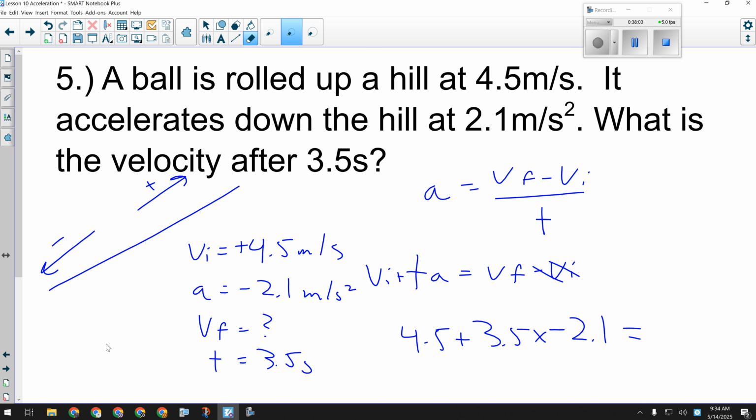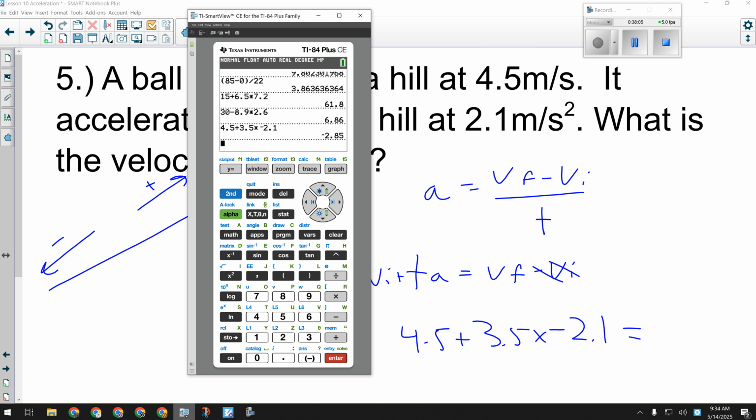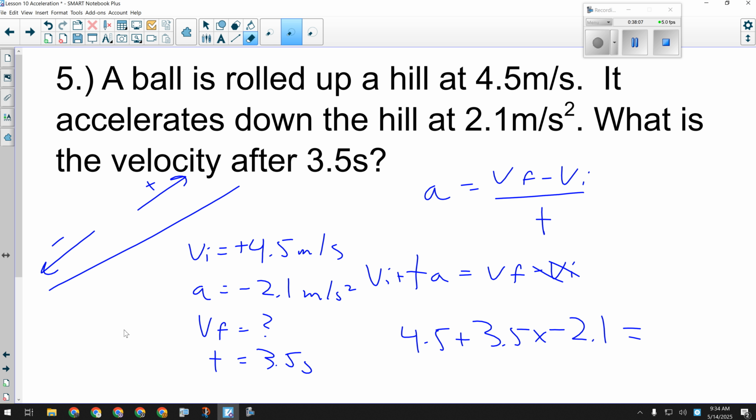So in the end, my final answer here is going to be 2.85 meters per second downhill. Mathematically, did that come out negative? Yes, but I drew that thing earlier that said down the hill is negative. To remind me at the end of the question, I need to write uphill or downhill as a vector. What if you wrote negative uphill?